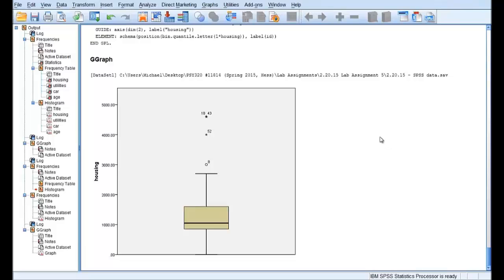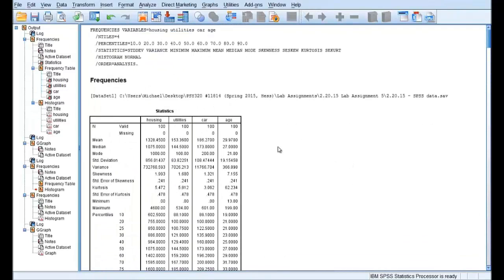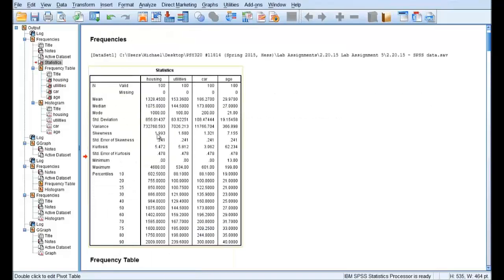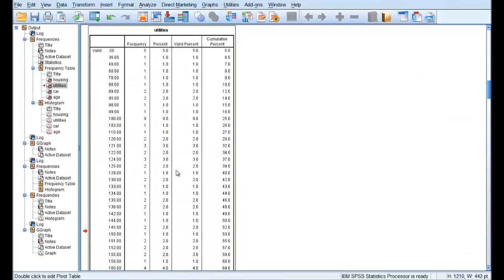What I need for you to do in your homework is to copy and paste every chart and table that you got here. That includes the overall statistics graph that we did. I want you to copy and paste that to your lab assignment. I also want you to copy and paste 1, 2, 3, and 4 frequency tables. Those are for all 4 of our variables.